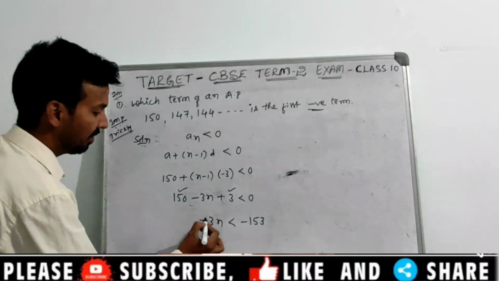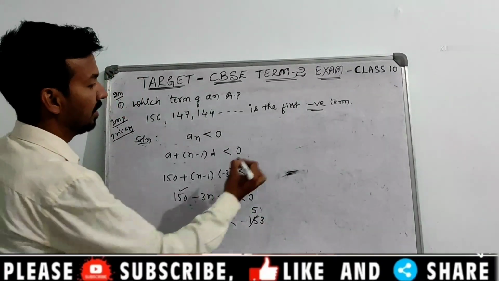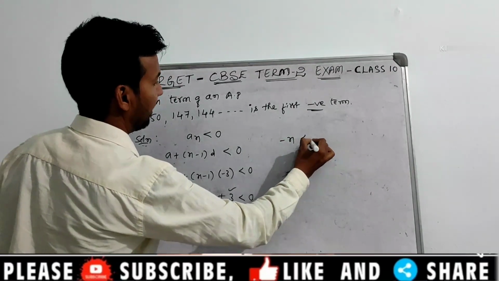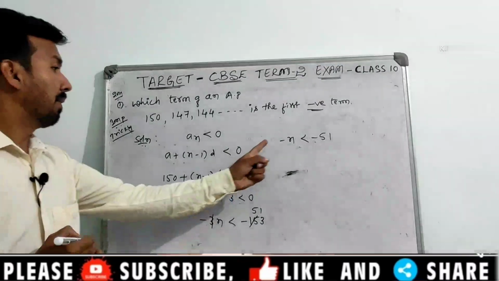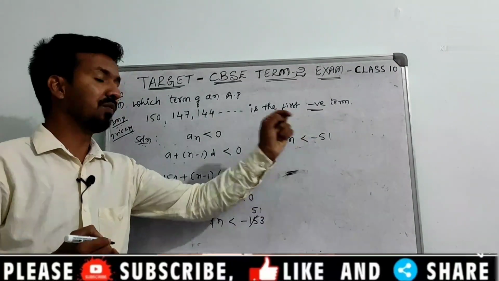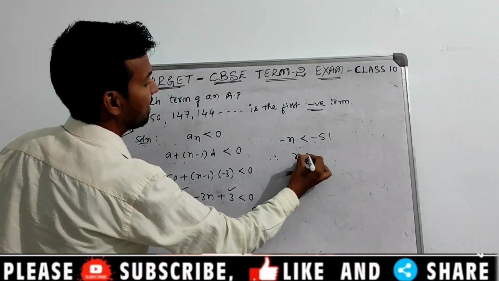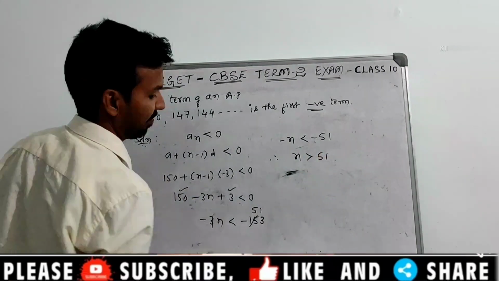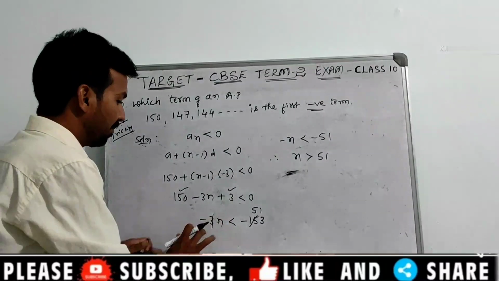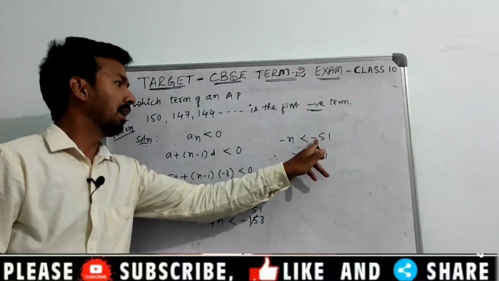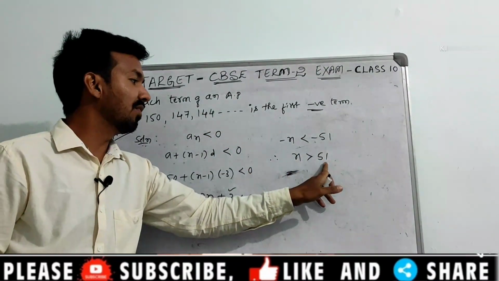Here 3 1s are 3, 3 5s are 15, so 153 is obtained. Minus 3n is lesser than minus 153, so minus n is lesser than minus 51. That becomes positive. N is greater than 51, children. All of you understand?